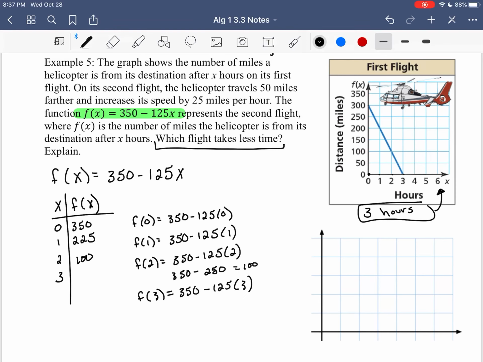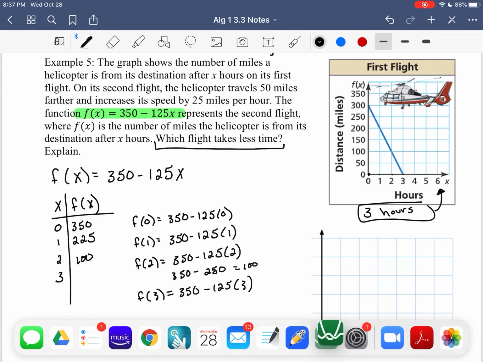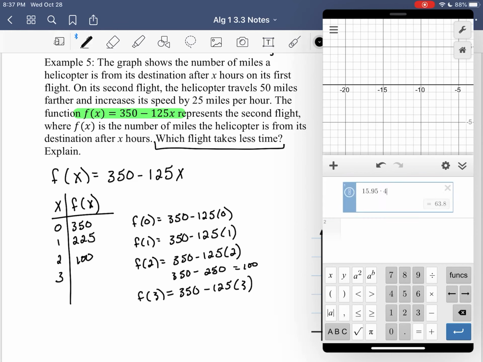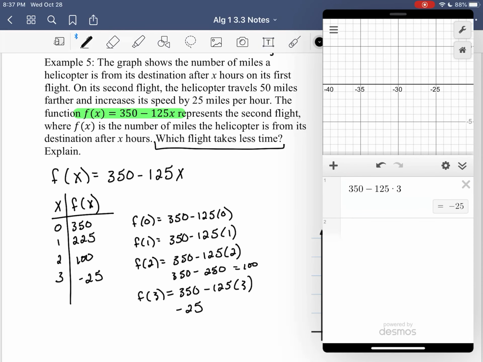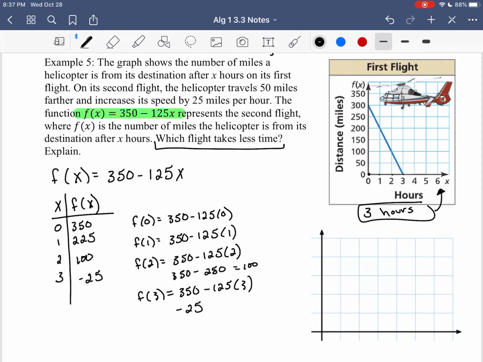I don't know 125 times 3, so let's go ahead and pull the calculator. So we'll go 350 minus 125 times 3, negative 25. Okay, I can tell right there that we went negative, that we are past our destination at that point.